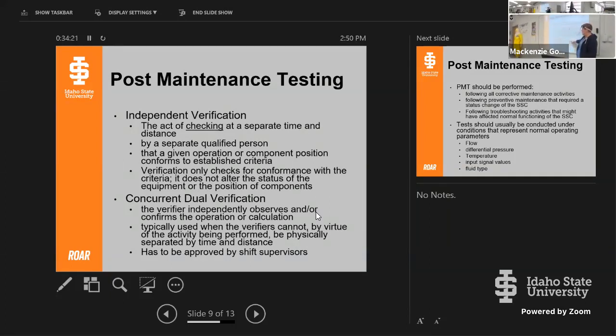Concurrent dual verification, the verifier is going to independently observe or confirm the operation or sometimes the calculation, but they're not physically separated by time and distance. So perhaps you need to go into a radiation area. You can't go in there by yourself, right?